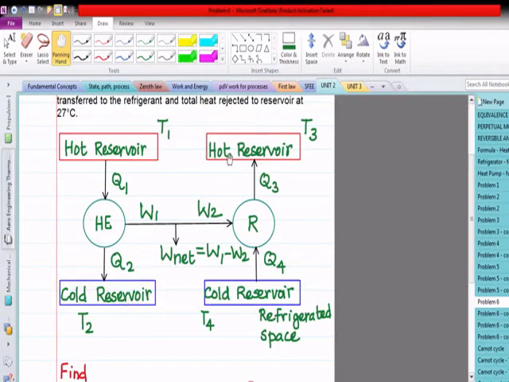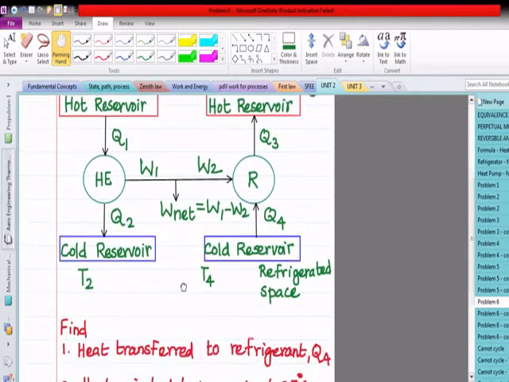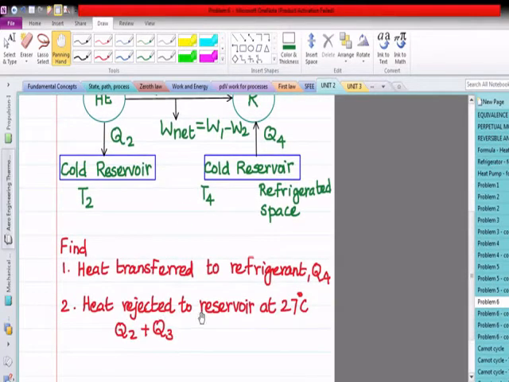So the total heat rejected to the reservoir at 27 degrees Celsius means I need to find Q2 and Q3 and add them. So it is equal to Q2 plus Q3.